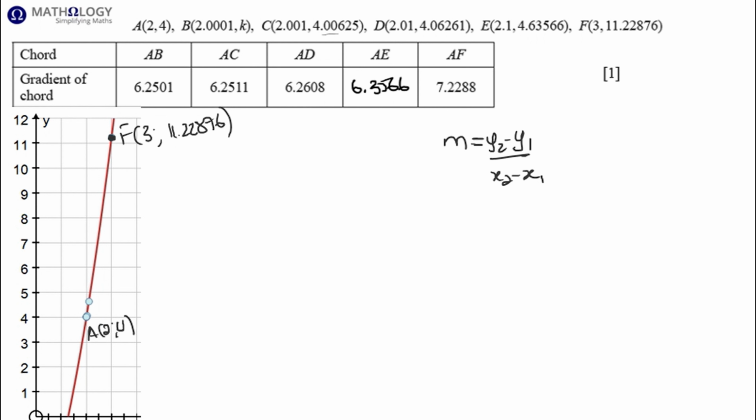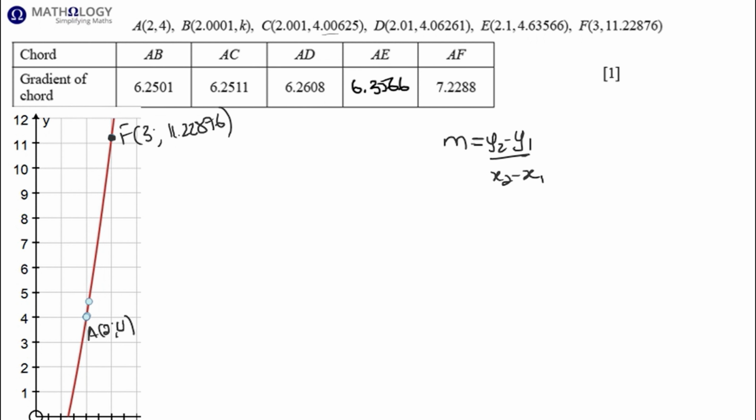E then gets even closer to A and reaches point D, so the gradient of AD is 6.2608. D gets closer to A at point C, the gradient of chord AC is 6.2511, and then C gets even closer and approaches point B, the gradient of AB is 6.2501, and then B will approach A and get even closer to point A.